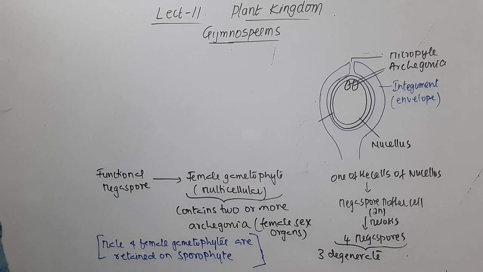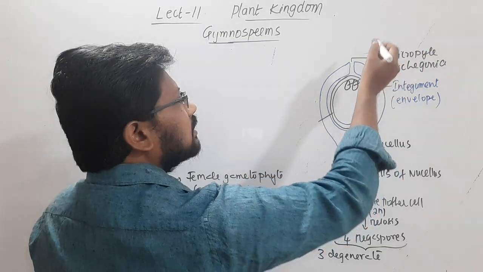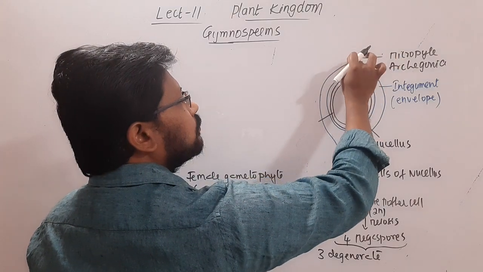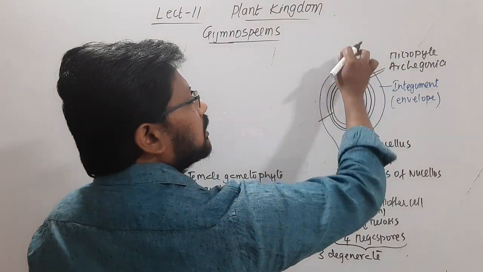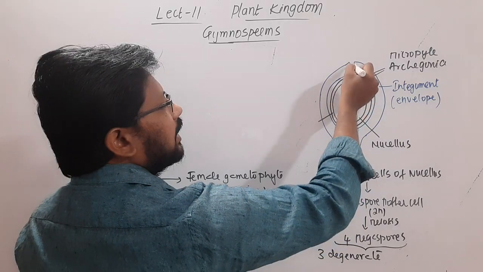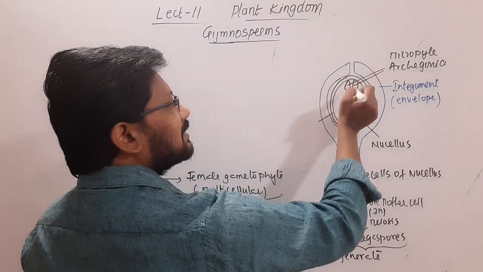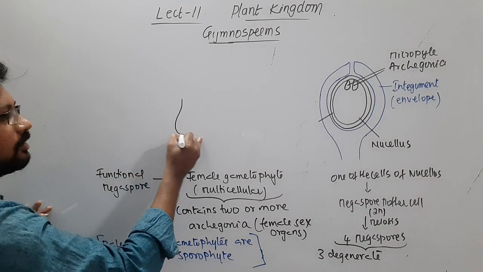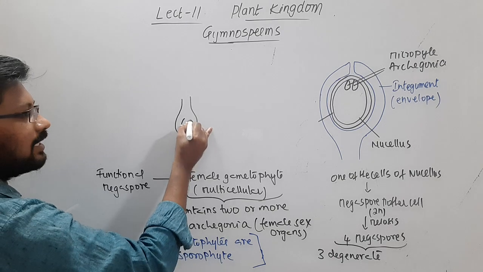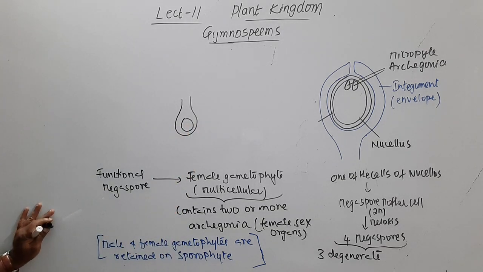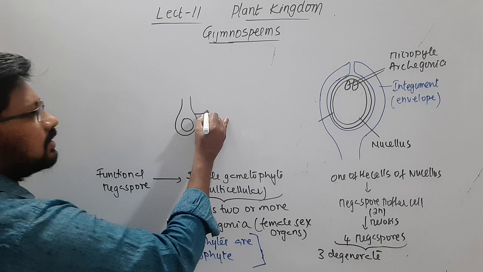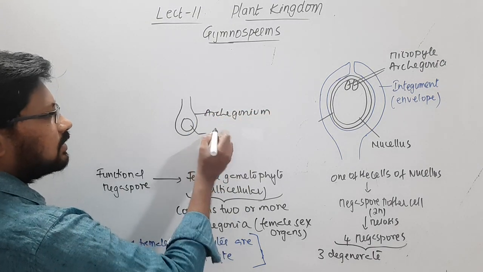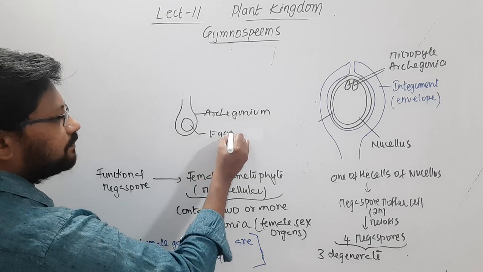Finally they reach the ovule present on the megasporophylls, and settle near the archegonia. This is the archegonium, and inside it there is an egg cell.